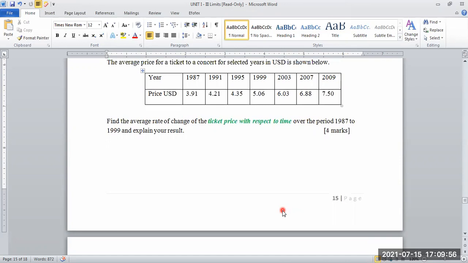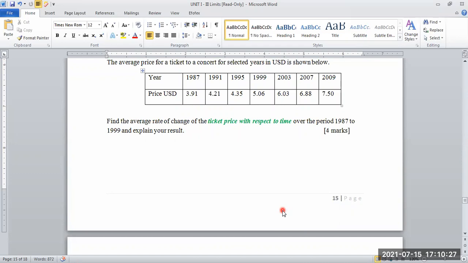So you recognize that every period, the ticket price is going up. 1999, it's 506. 2003, 603. 2007, 688. And in 2009, it went up to $750. So ours is now the task to find the average rate of change of the ticket price with respect to time.